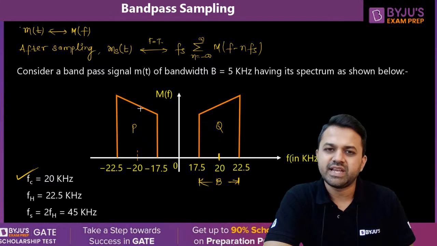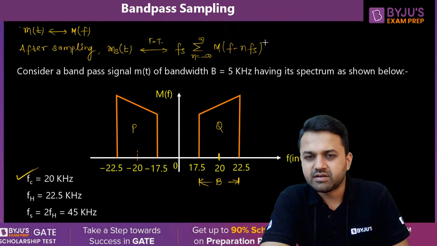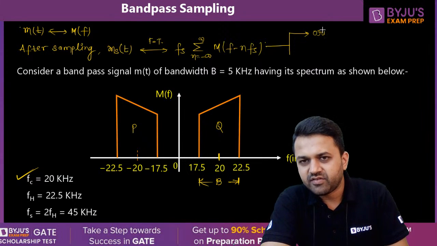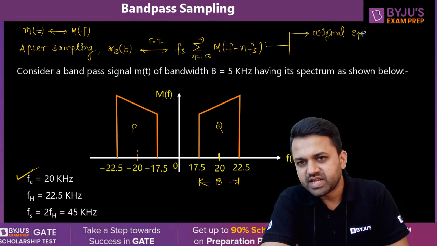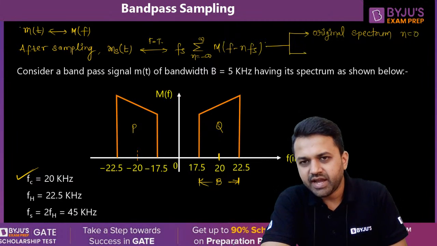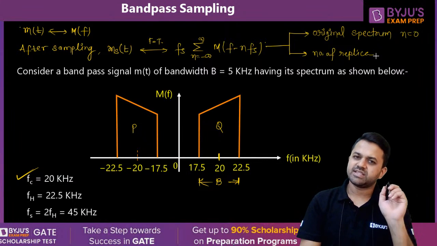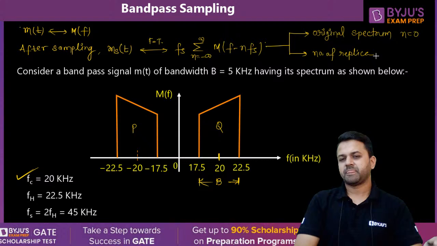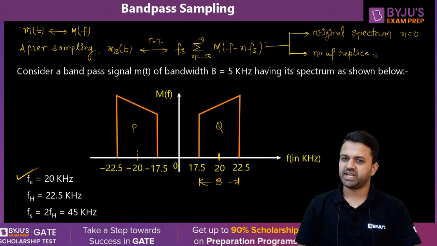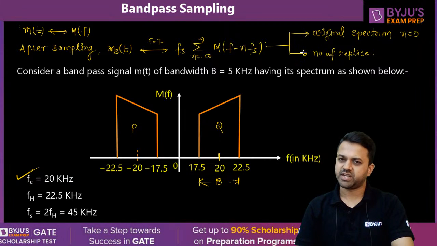This term gives the original spectrum as well as its replicas. For n equal to 0 we get the original spectrum M(f), and the other values of n give the replicas. The replicas also have the same information, but what we want to recover and how we can recover it is important.